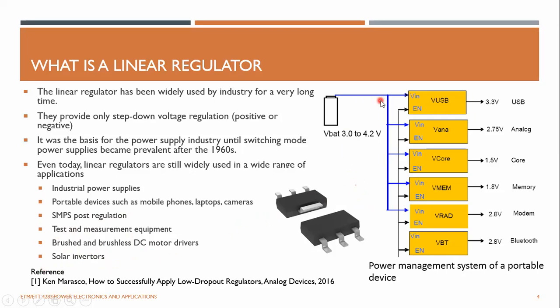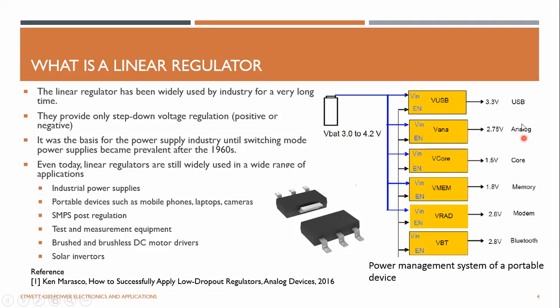In this example, we can see a typical portable device power management system. We have a single battery source. The battery voltage can be 4.2 when it is fully charged, or can drop to 3.1 when the battery drains out and is required for charging again, right? So the voltage range of the battery could vary from 3 to 4.2. Different peripherals of the portable device, in your mobile phone for example, could be USB, analog, processor, memory card, modem, and Bluetooth modem.